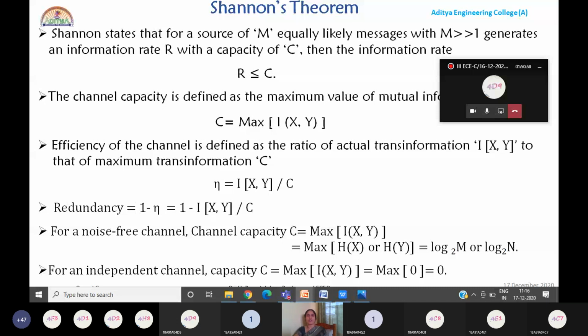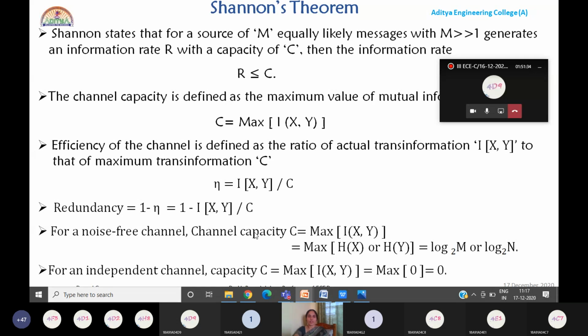So maximum entropy for m equally likely messages occurs at P is equal to 1 by m and is log m base 2. For the receiver, if you consider n equally likely messages, that occurs at P is equal to 1 by n and is log n base 2. So that's why for a noise free channel, channel capacity is either log m base 2 or log n base 2. This is the first property of channel capacity.